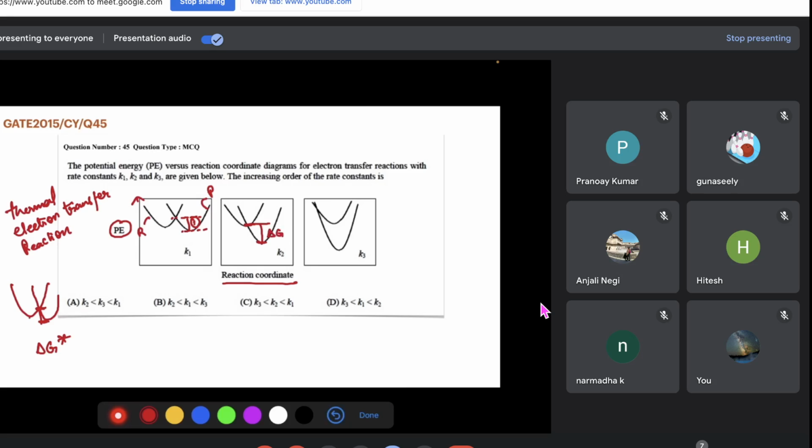So wait. Yes, so this is the ground state, correct? And this is again the ground state, this is for the reactant and this is for the product. Now this is my ground state and this is the ground state of my product curve.